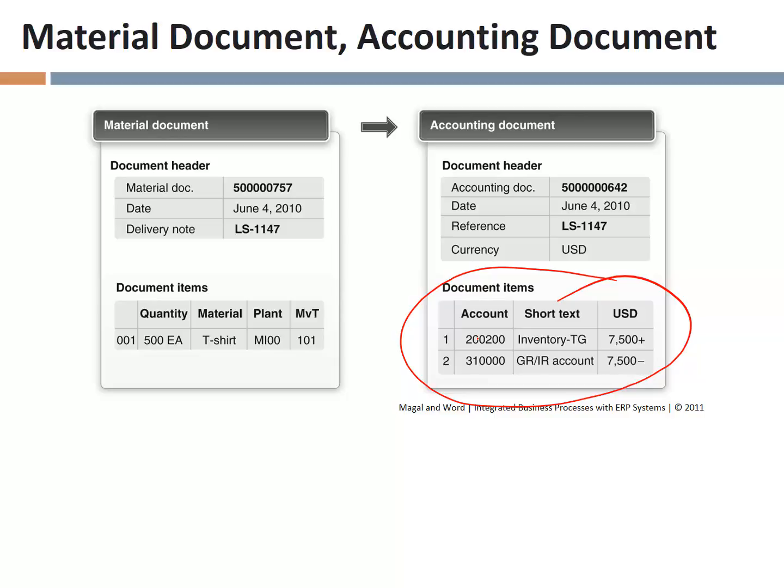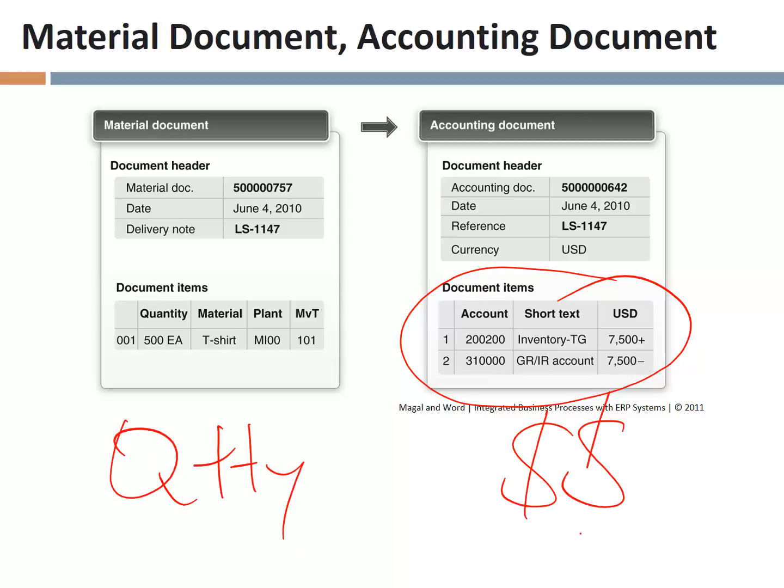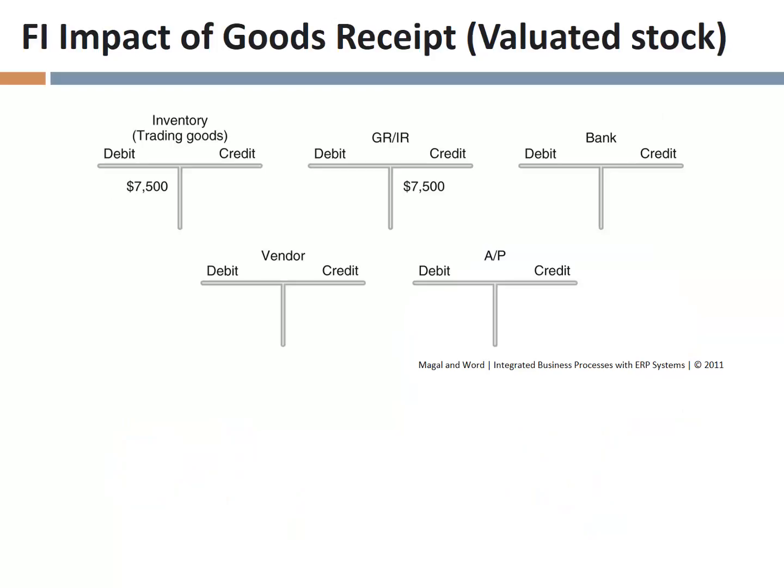But this idea that the material document records quantity and the accounting document records money is a key fact and something that should make it very logical then for us to understand that at goods receipt, those are two kinds of documents that are going to be created. Goods receipt has a very important fact associated with it.